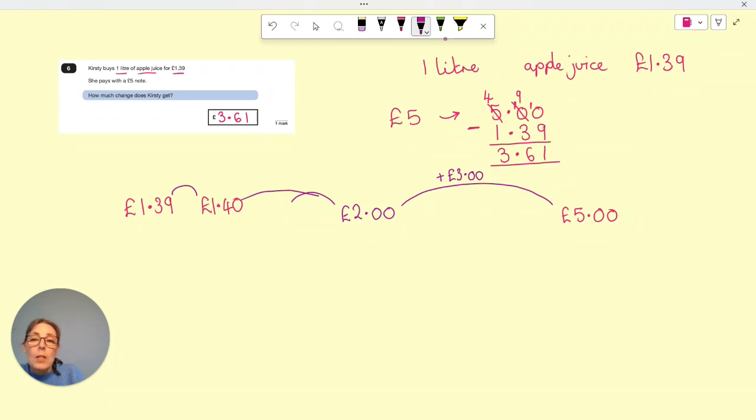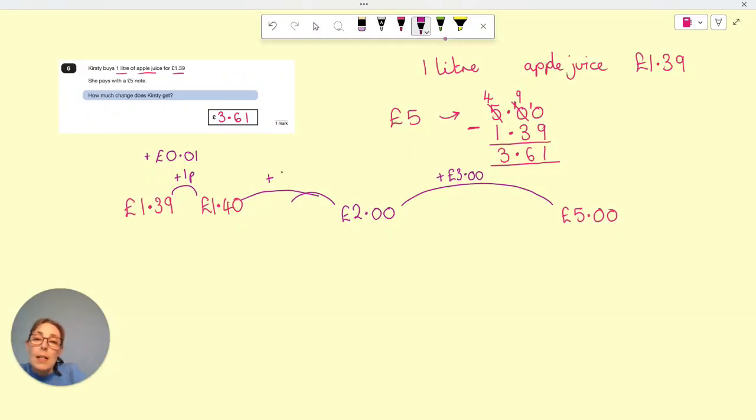So £1.39 add what is £1.40? That's add 1 pence, isn't it? 39 pence add 1 pence is 40 pence. You could, if you want to, write like this. That's the same. And then 40p add what is a pound? So 40, 50, 60, 70, 80, 90, 100.